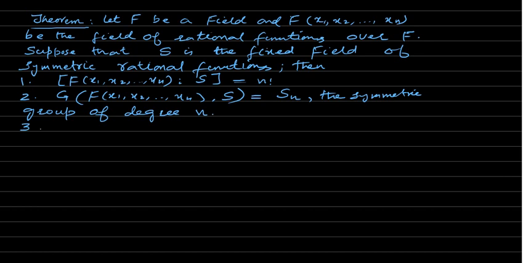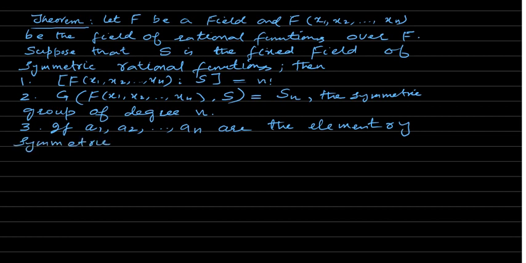And the third part is: if a1, a2, ..., an are the elementary symmetric functions जो हमने already define की है, that means a1 is equal to x1 plus x2 plus ... plus xn, and a2 is the sum taking 2 at a time.